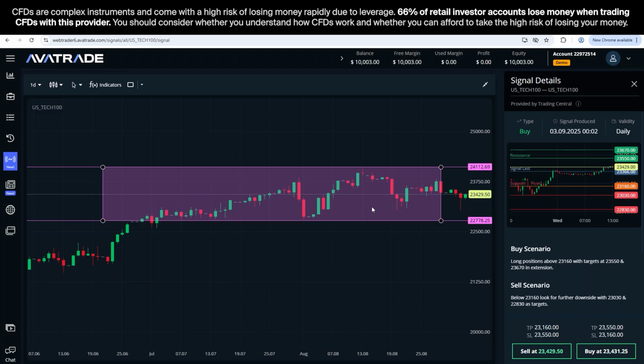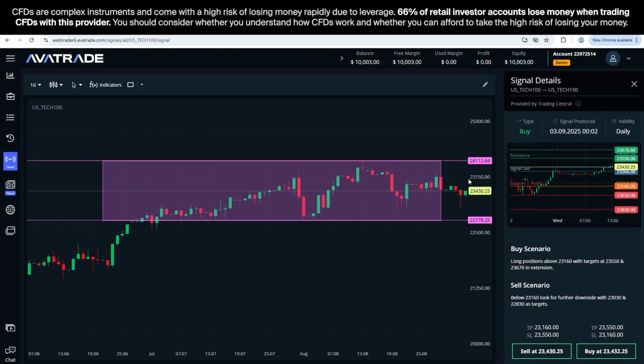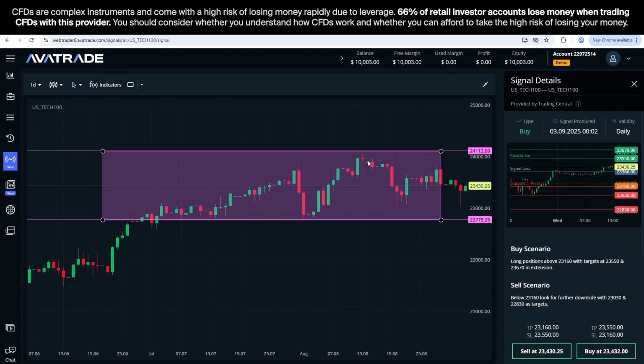I have my ceiling, and then I have my ground floor. I have the bottom here, and at the bottom will be my support, and at the top I'll have my resistance. The idea here is to capture a certain level that we think that if Nasdaq breaks for some reason, either up or down, something fundamental could have taken place.